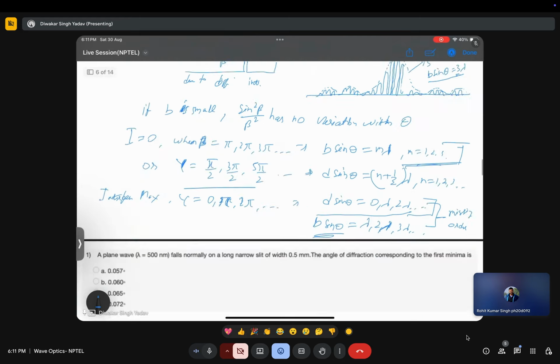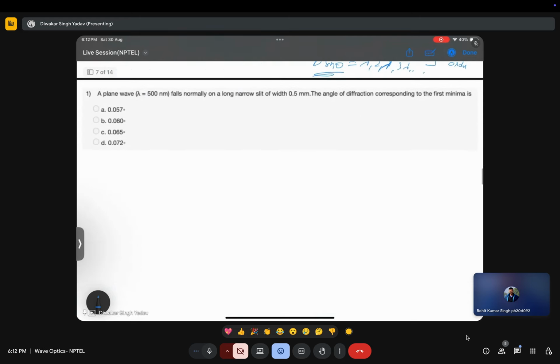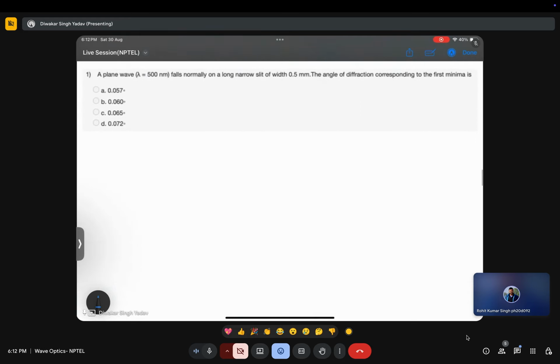So let's move to the first problem. This is the easy one. A plane wave of wavelength 500 nanometer falls normally on a long narrow slit of width 0.5 millimeter.